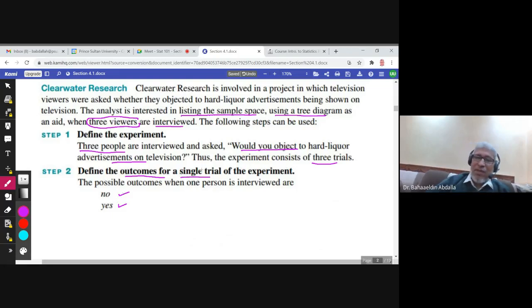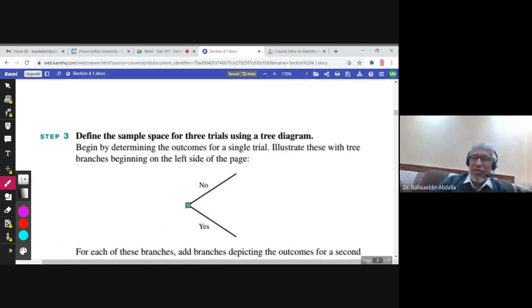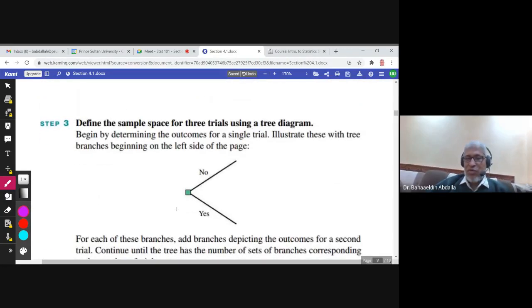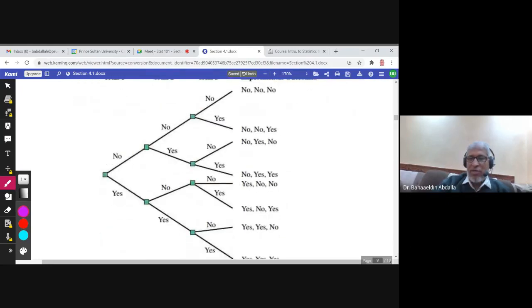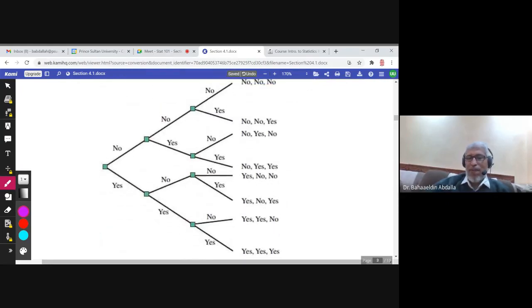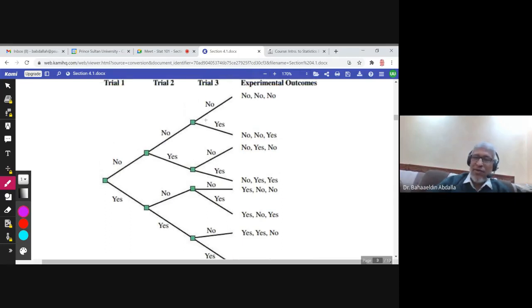Now, if you are asking 3, so these are the 2 outcomes for a single trial. Now, what about 3 trials? You will get this tree diagram. So this is the first person. If he says no, the second could say no or yes. If the first and the second said no, the third could say no or yes. So you will have these possibilities.